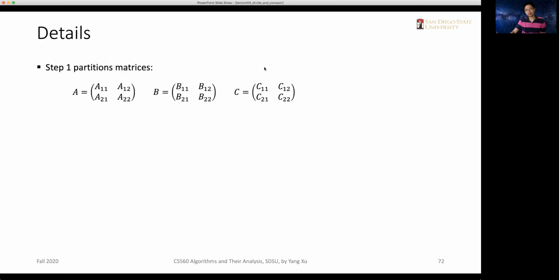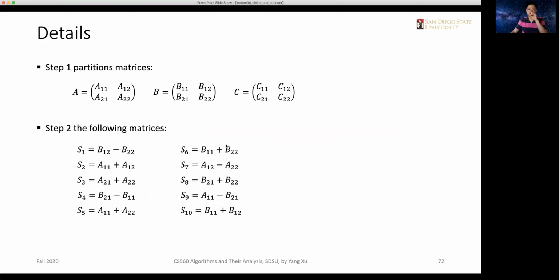So the divide is the same as the straightforward recursive way. And in step 2, we need to compute S1 to S10. So these are our choices, and later on, you will see why we choose to compute these subtractions and summations.